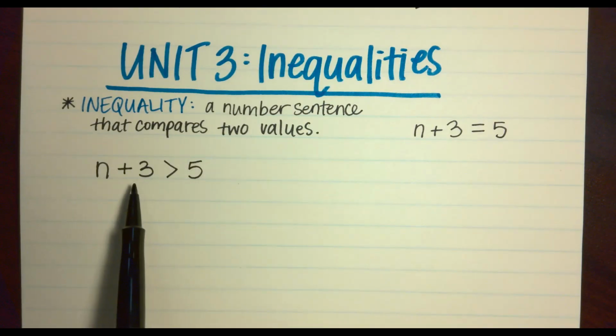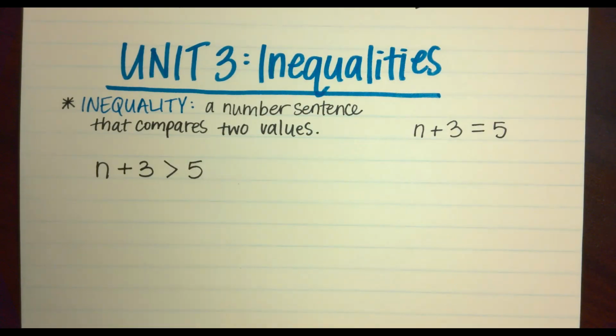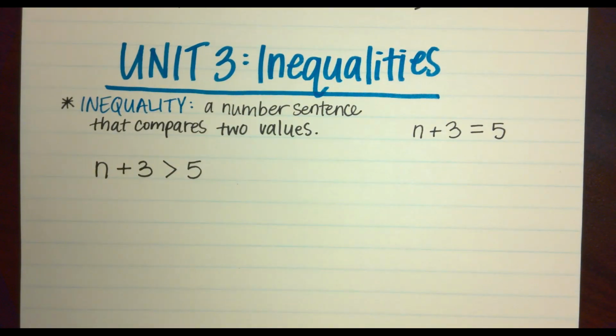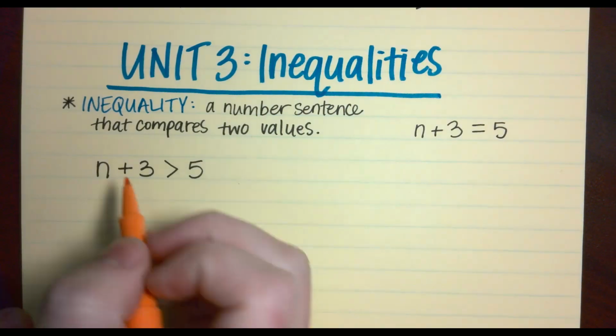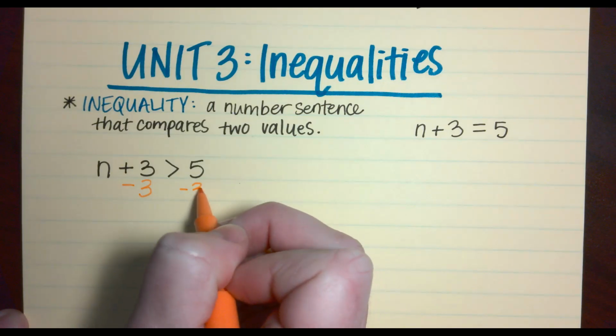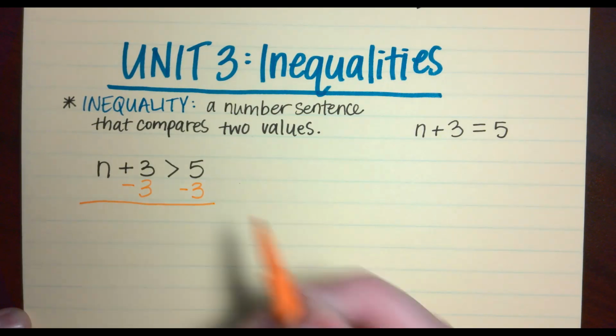When we solve equations, what would our first step be here? If this was an equal sign, what would we do first? Subtract 3. We would subtract 3 from both sides. So let's do that. Minus 3, minus 3.